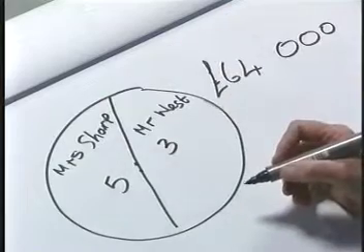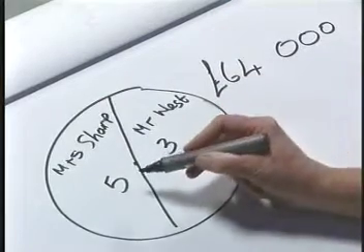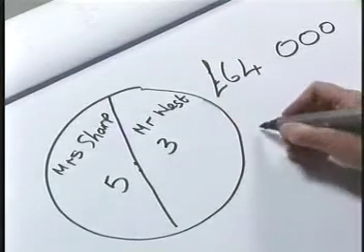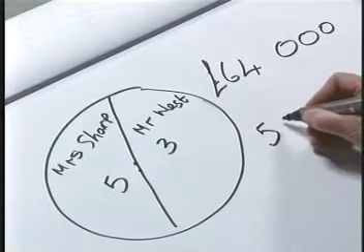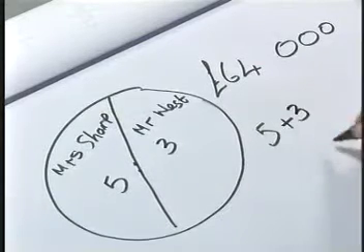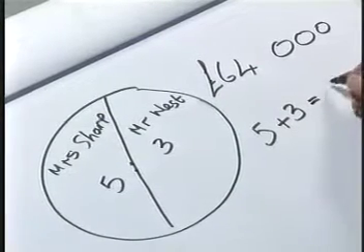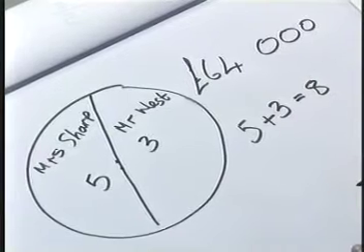What we do first is we work out the total number of parts that the inheritance is split up into. Well, we use the ratio for that. It's 5 parts for Mrs. Sharp and 3 parts for Mr. West. So altogether, that is 8 parts.